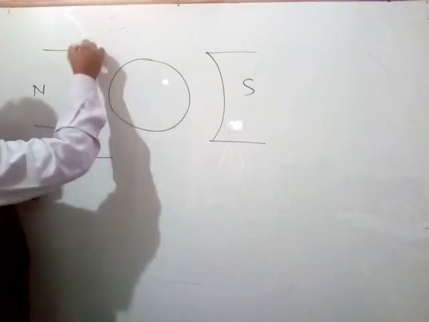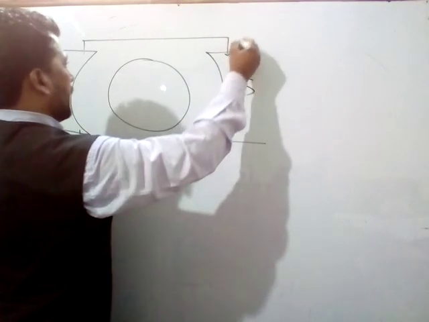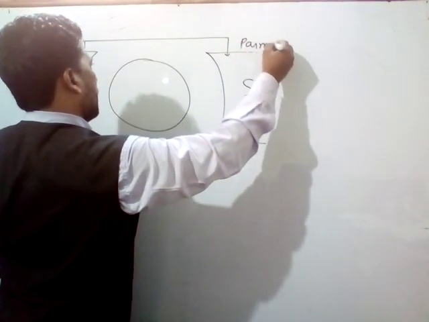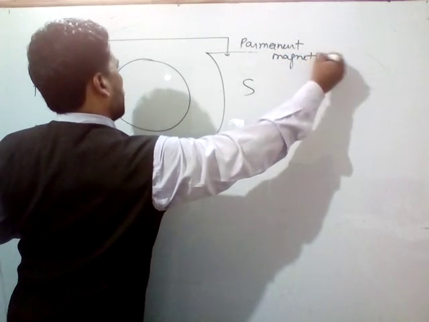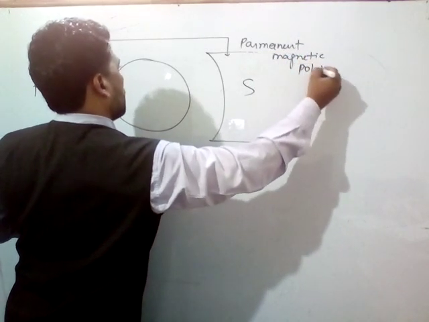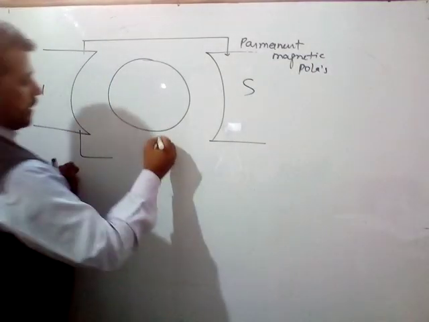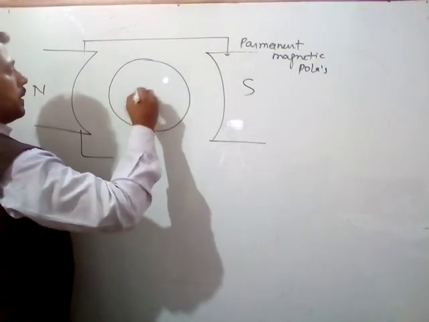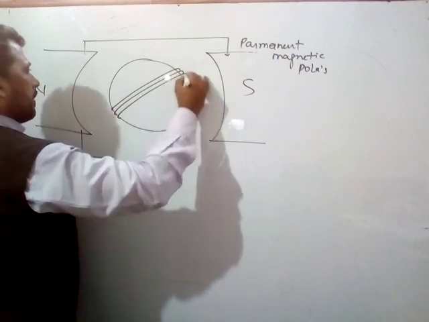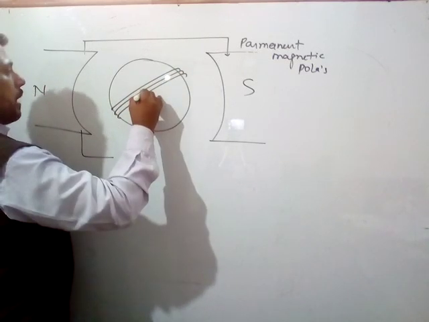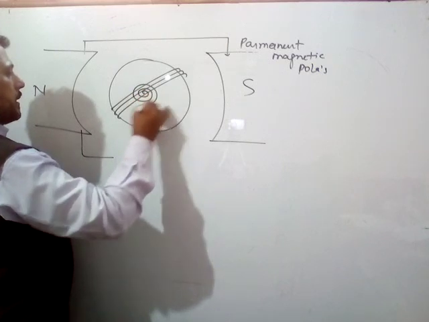These are the permanent magnetic poles. This is the circular loop in which several turns are wound, and it rotates about its own axis.